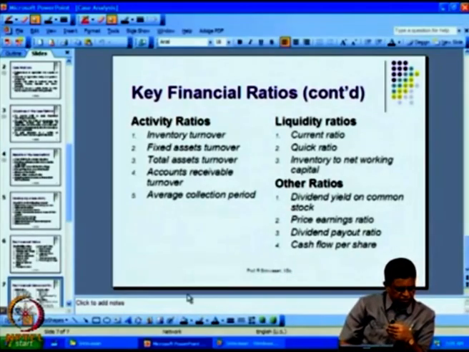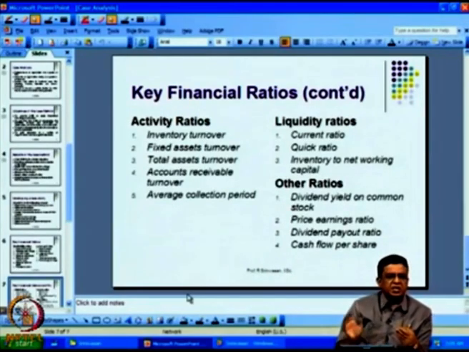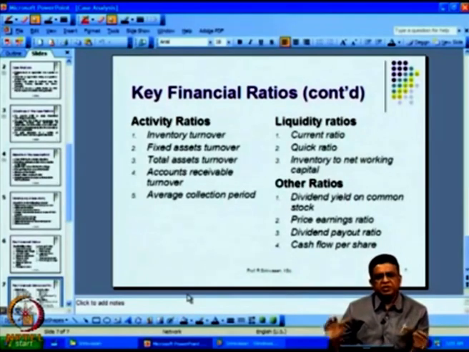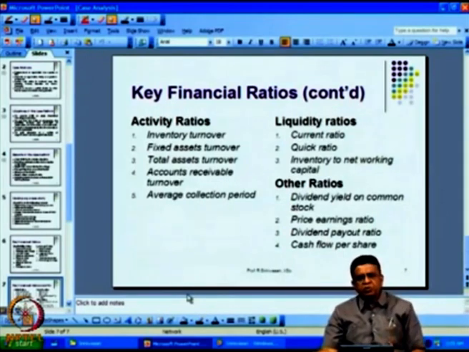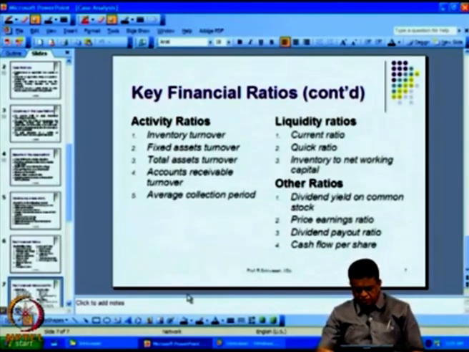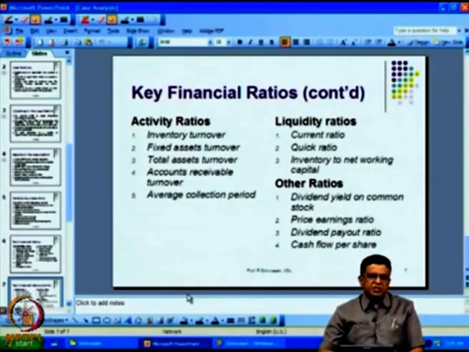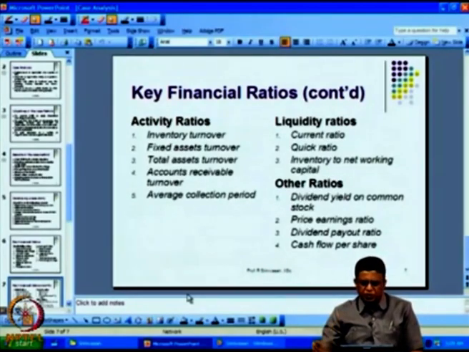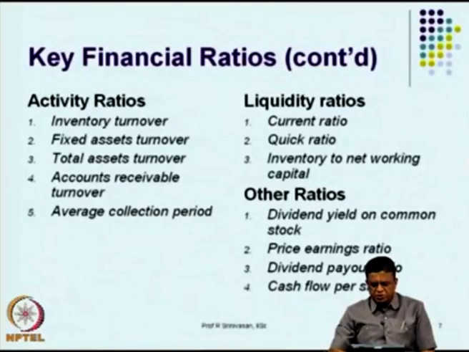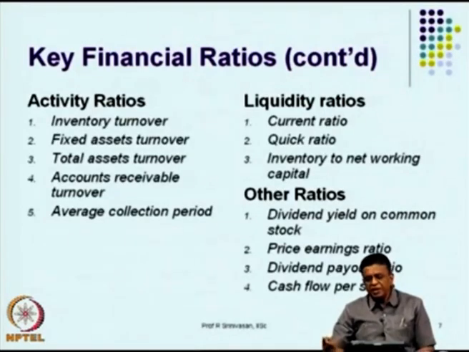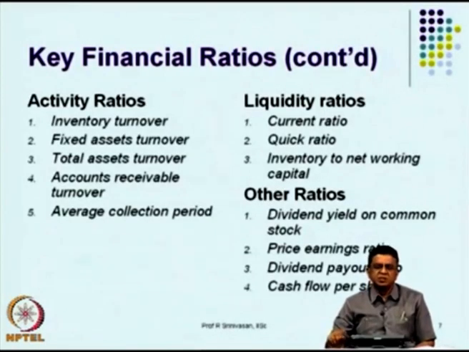Apart from this, are there other ratios which may be of interest while analyzing a case? There are a few more ratios which one could consider. We will consider 3 or 4 of them which may be of interest while analyzing the performance of a case. So, the other ratios could be the dividend yield on common stock.